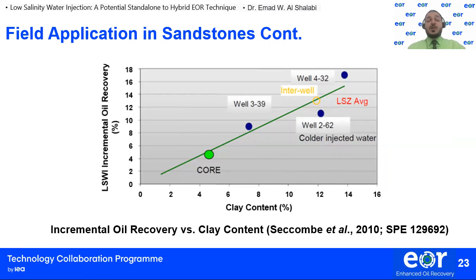And what we can see here clearly is that with increasing clay content in the rock, you see a higher incremental oil recovery. So the incremental oil recovery has something to do with the clay content. And later they even confirmed that by measuring some effluent iron concentration at the field level. This iron is expected to have been produced by the ion exchange reactions happening at the surface of the clay. So that basically supported their observation.